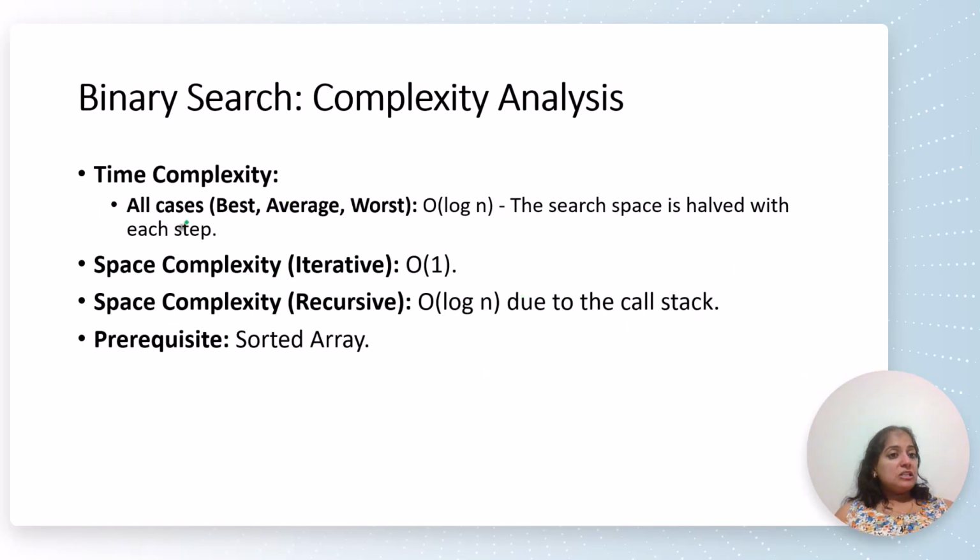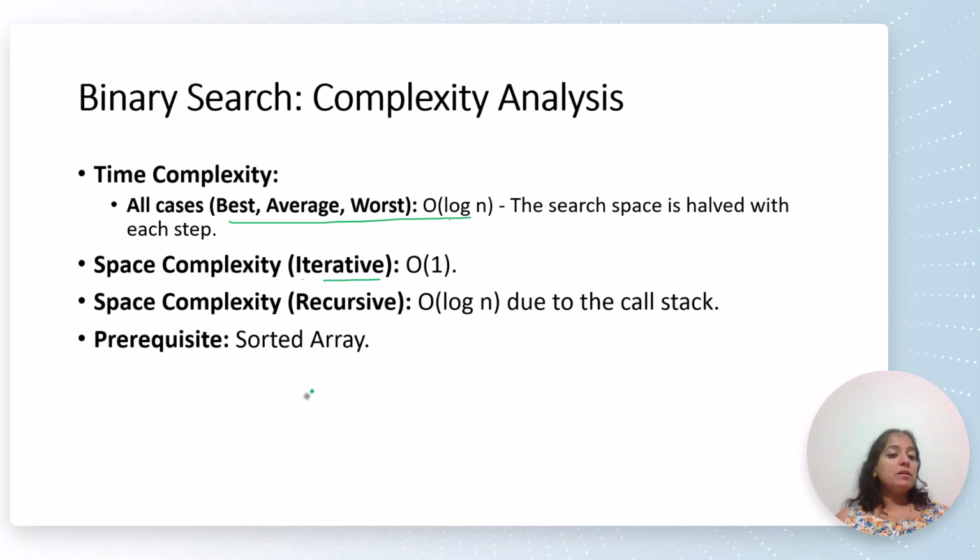For all the cases of binary search, the time complexity is big O of log n, because the search space is always divided into two halves every time. In the case of the iterative algorithm, the space complexity is big O of 1 as it does not require any additional space.